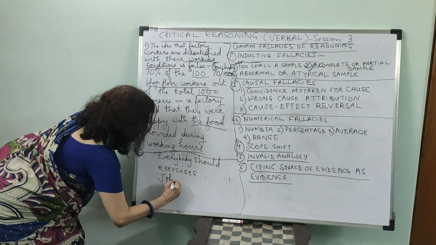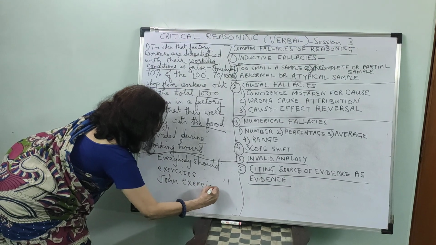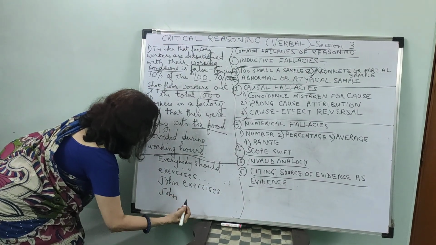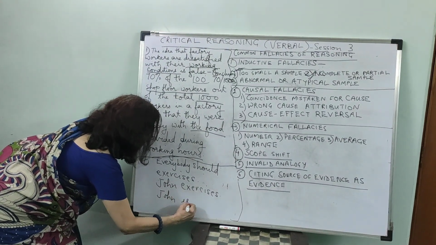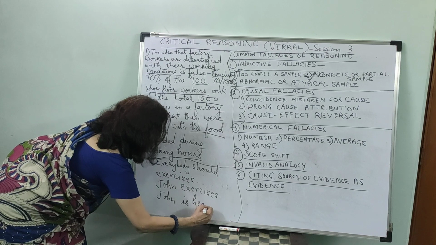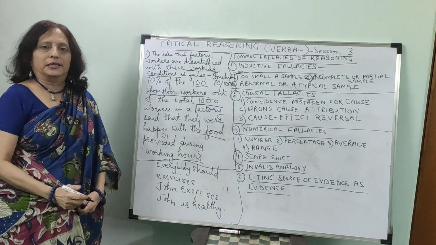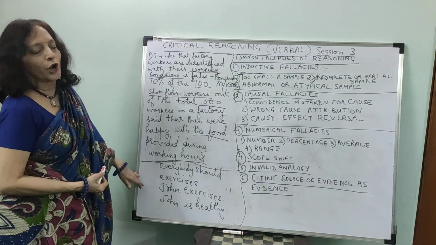John exercises and John is healthy. So here the author recommends exercise to everybody. The assumption is that exercise is good for health, and the evidence for this is the example of John.